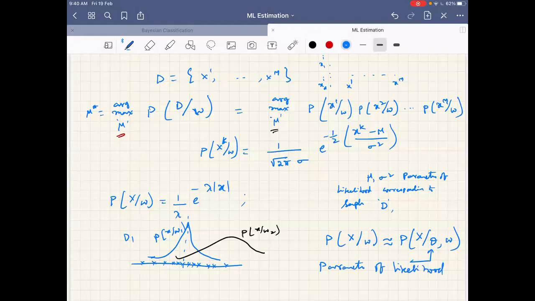These parameters, theta, can be lambda for exponential, mu comma sigma square together, or any of them for Gaussian, and so on.